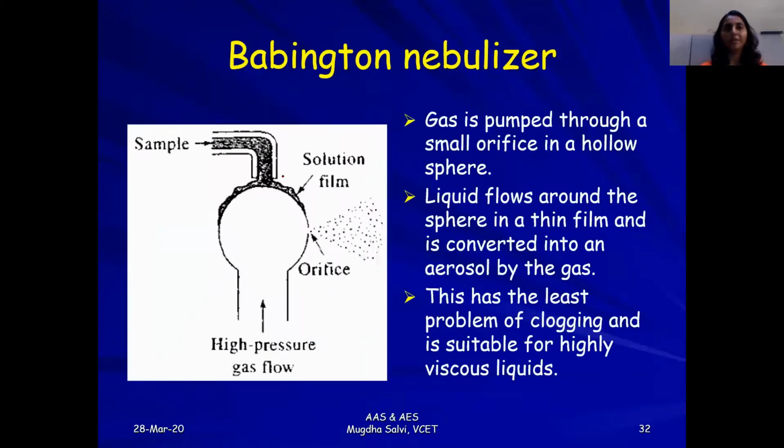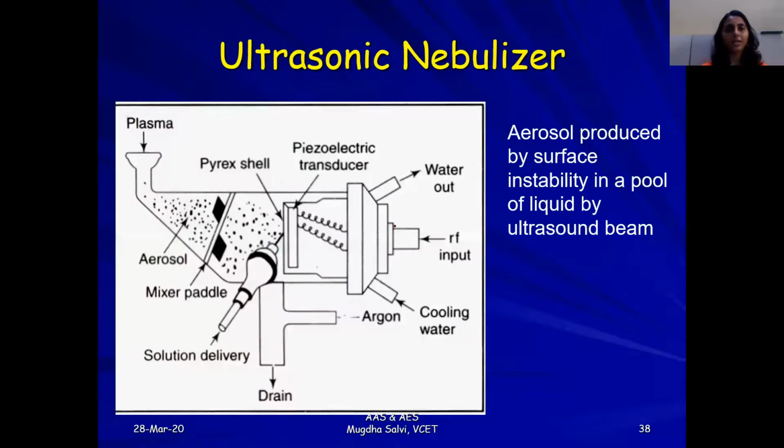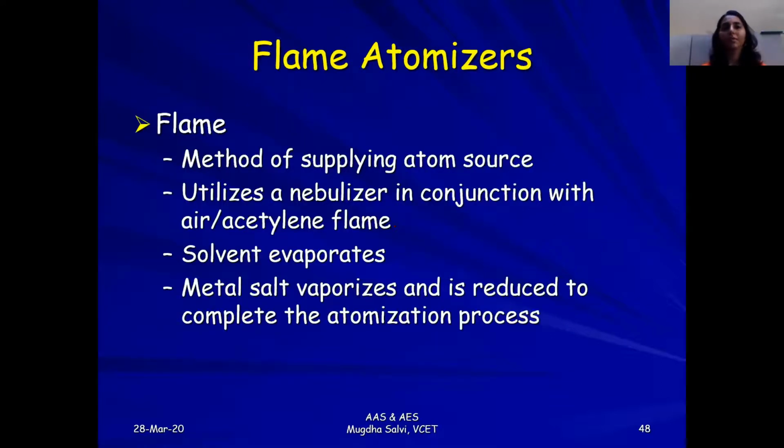Fritted disc, Babington. V-groove. Again, the same technique here, only instead of your circular surface, you have a thin groove through which the liquid is coming down. Ultrasonic nebulizer. Okay.